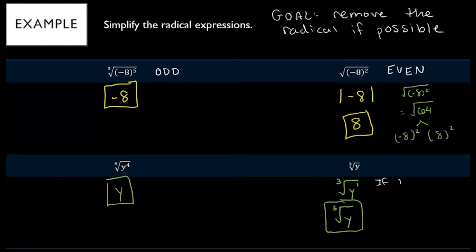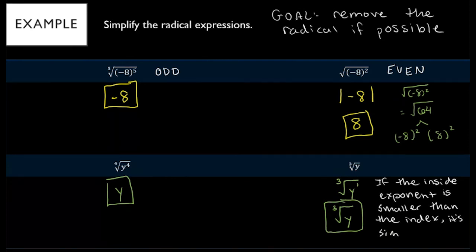So if the inside exponent is smaller than the index, and the index is the root, the number for the root, it's already simplified. So there's nothing really to do there.